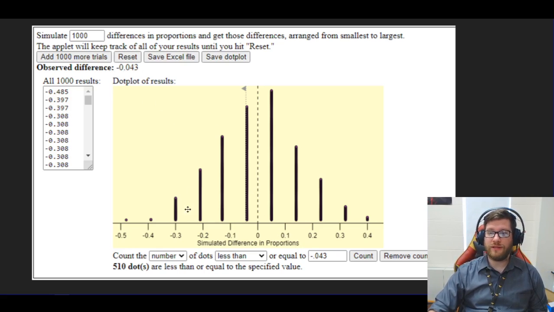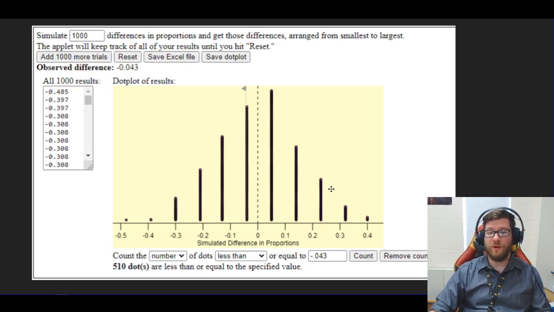If we look at this, it counts them up and says 510 times. There's 510 dots that are less than or equal to the specific value. So over half of the initial number of events ended up with a similar or even worse result than we would expect.